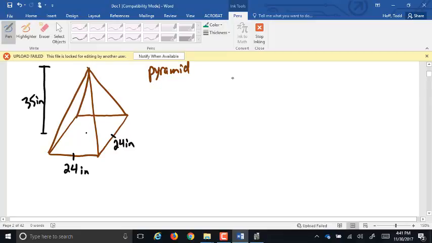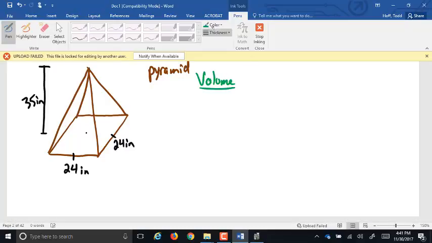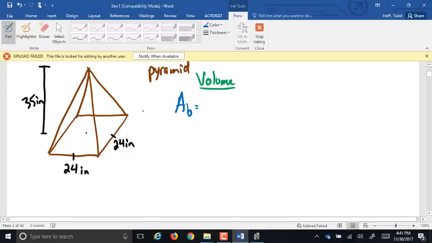The volume of the pyramid still involves the area of the base. The area of the base here is just 24 inches by 24 inches, which is 576 inches squared.